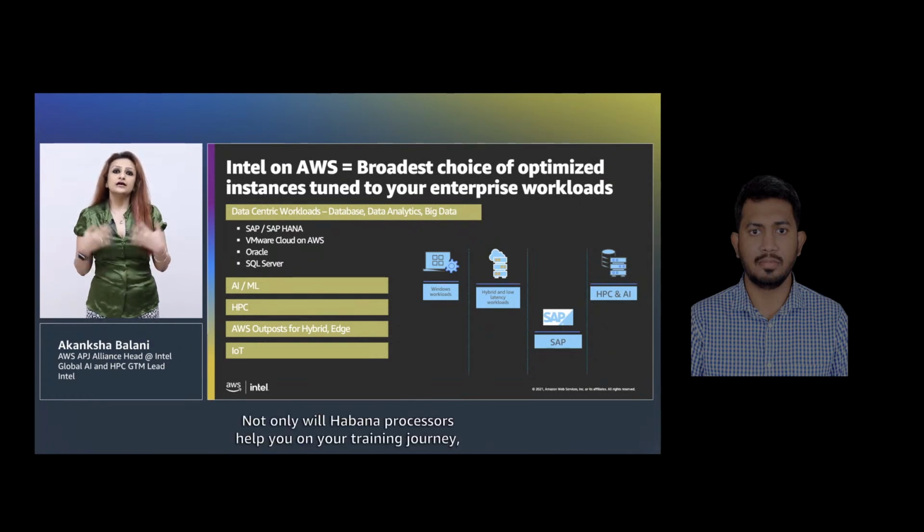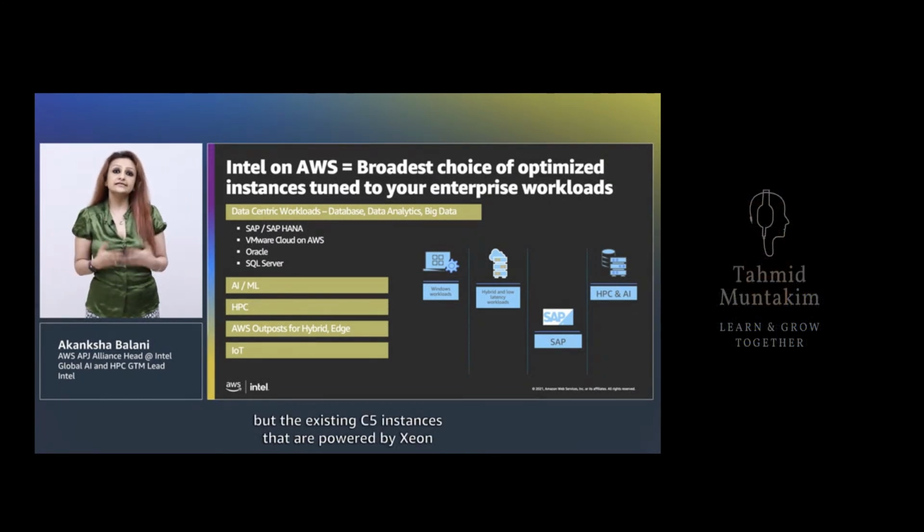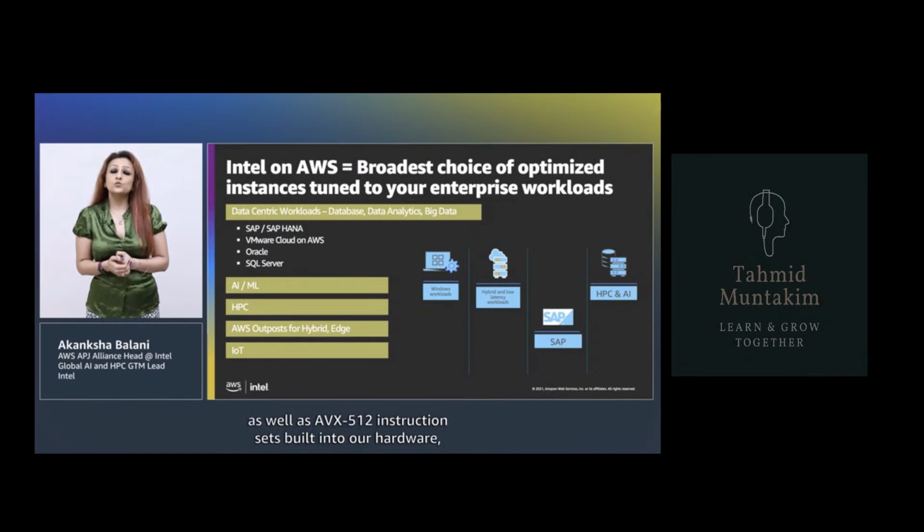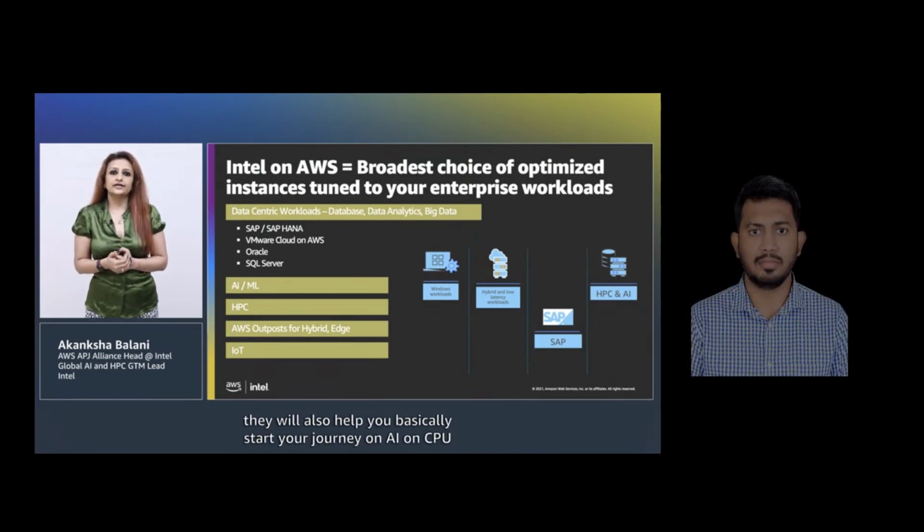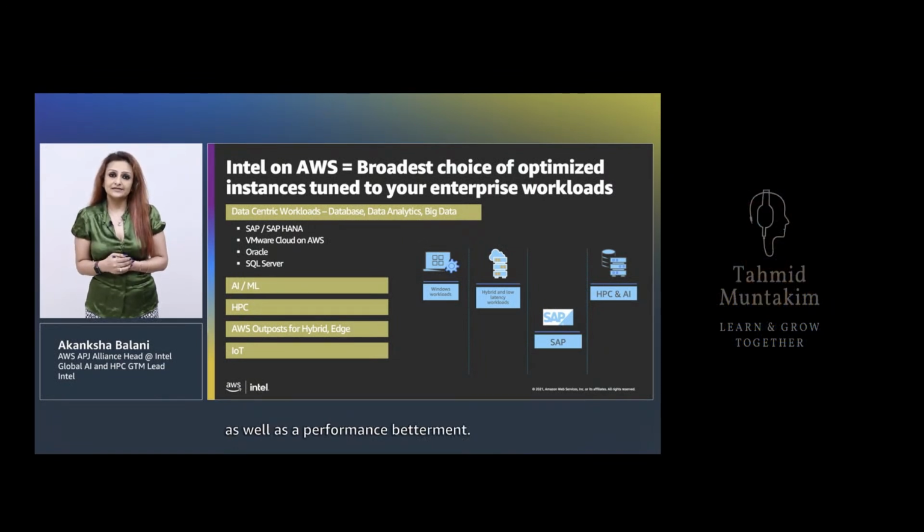Not only will Habana processors help you on your training journey, but the existing C5 instances that are powered by Xeon that have Deep Learning Boost capabilities, vector neural network instruction sets, as well as AVX512 instruction sets built into our hardware, they will also help you start your journey on AI on CPU-powered instances, which will give you an immediate price as well as performance betterment.